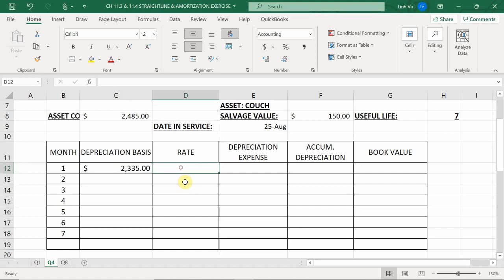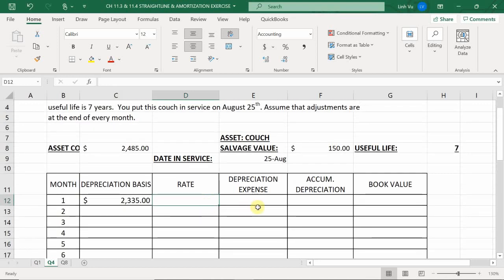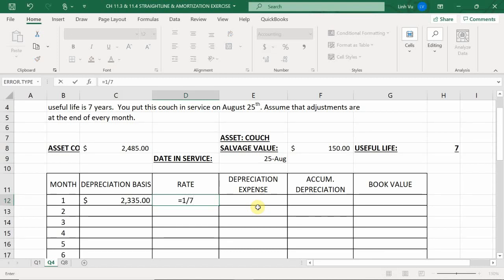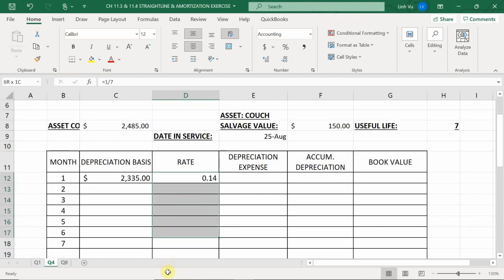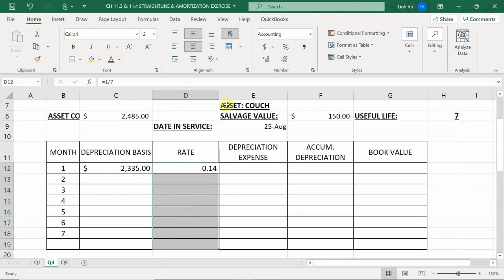What's my rate going to be? 0.1428. Yes. In this case, we're using 7 years instead of 5 years, because you're going to learn that furniture can definitely last longer than 5 years. It's a couch, it's furniture.